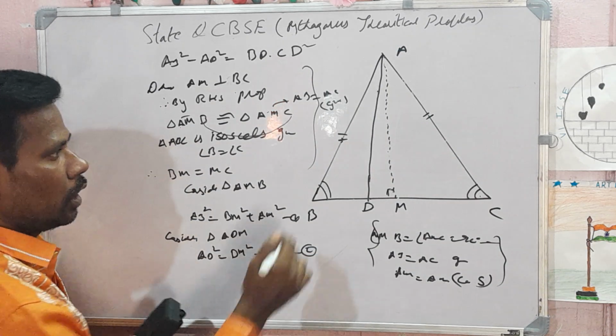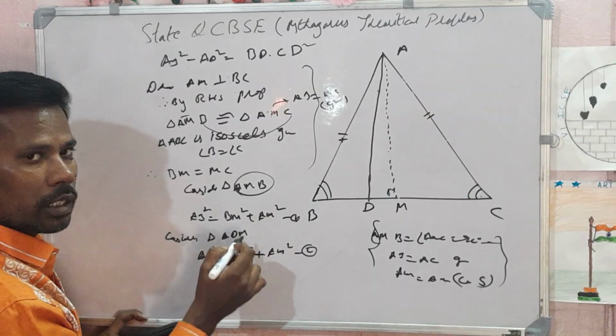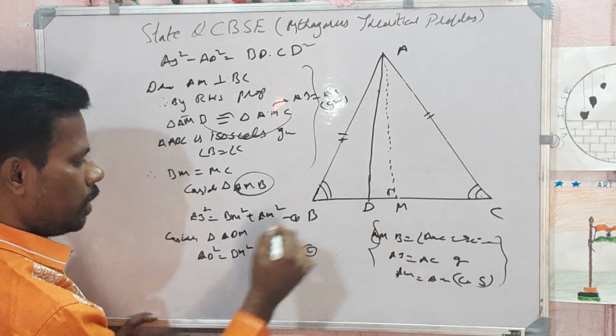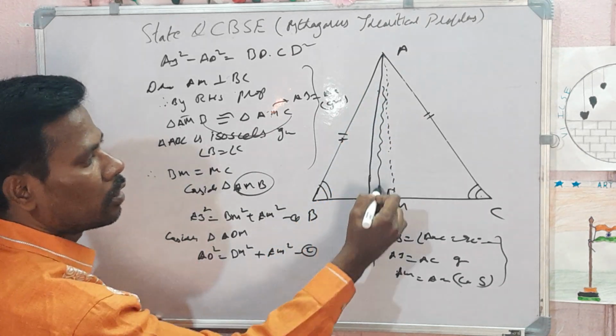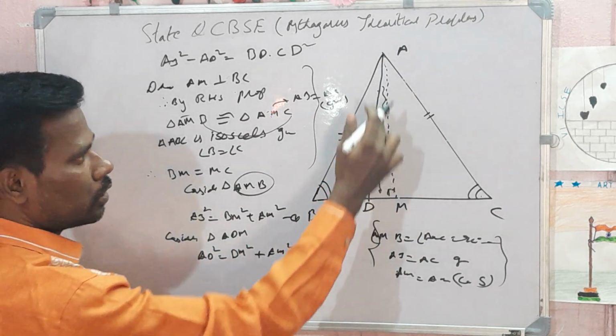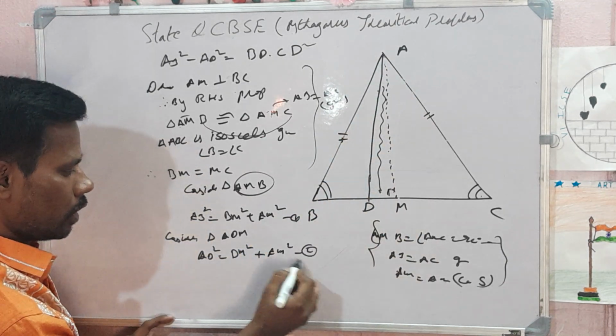Are you following? I am considering triangle AMB: AB square is equal to AM square plus BM square. Now consider triangle ADM: AD square is equal to AM square plus DM square.